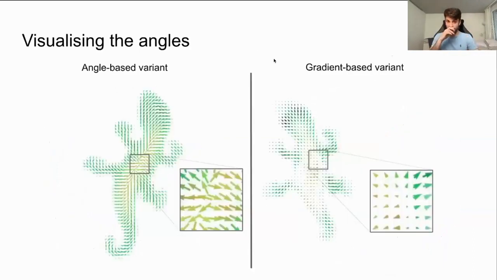Finally, we can also look at the angles of the results. You can see that angle-based and gradient-based variants have very different behaviors. The angle-based variant has a spiral at the center, and then they are all pretty much aligned afterwards. But spirals are not possible in gradient-based variants because their orientation depends on the concentration of their neighbors.